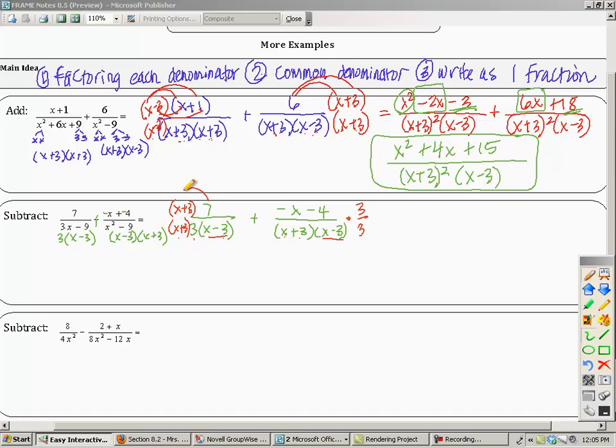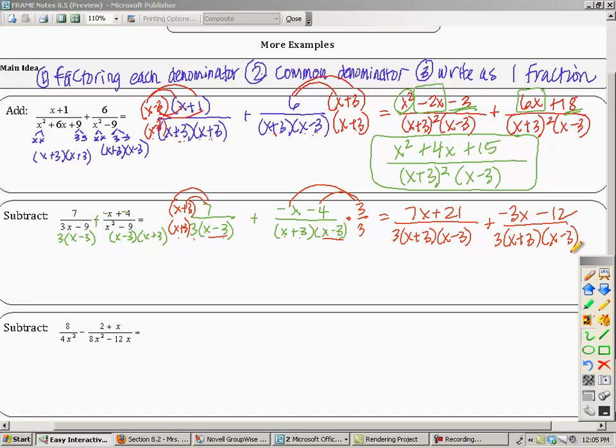I'm going to distribute this on top, and I'm going to get 7x plus 21 over, I have a 3, an x plus 3, and an x minus 3. I'm going to distribute the 3 to both. I have a negative 3x and a negative 12 all over the 3, the x plus 3, and the x minus 3.